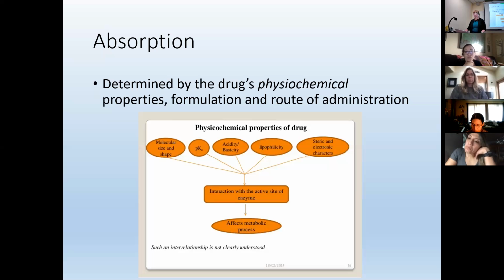I get questions from patients. The CBD from the marijuana plant shows up on a drug screen, but I don't know if the orange CBD oil does. If it's got the same components molecularly, it might. Yeah, and if it's lipophilic. Right, so that would be a good thing to take a look at.